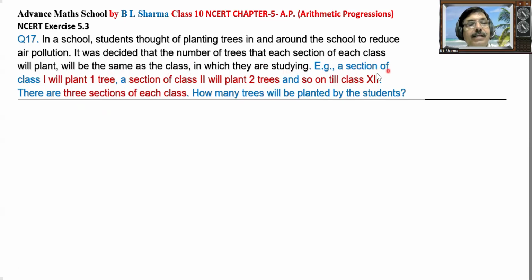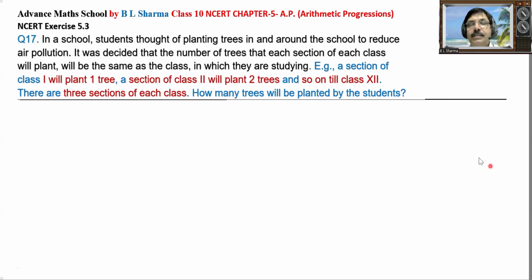Means each section of class 1 will plant one tree, each section of class 2 will plant two trees, and similarly class 3, each section will plant 3 trees. Class 4th, each section will plant 4 trees. Similarly, class 12th, each section will plant 12 trees. Then you have to find out how many trees will be planted by the students.